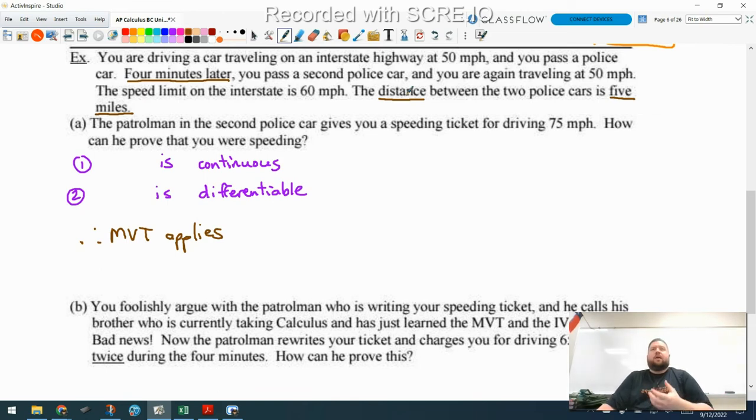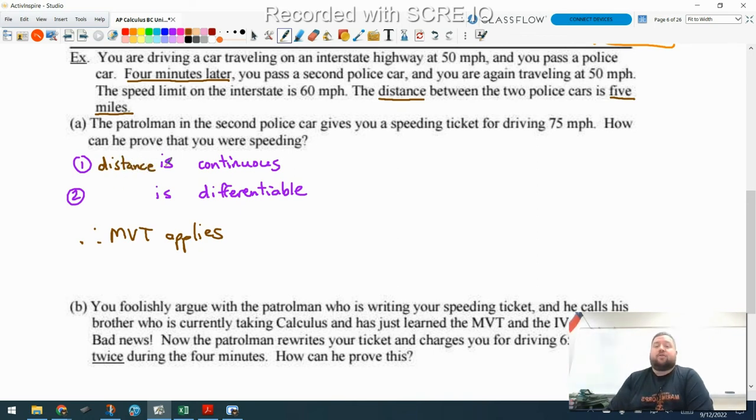Because remember, for us to be discontinuous, we have to have an asymptote or a hole or a jump. And if you're driving, your distance doesn't ever jump to some other value. It doesn't have an asymptote and go to infinity. It doesn't have just a hole where you skip over a number. When you're driving, you're starting at one distance and you're going to another distance continuously. So what I want to say here instead is distance is continuous.